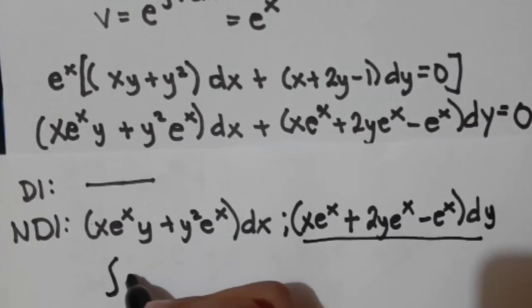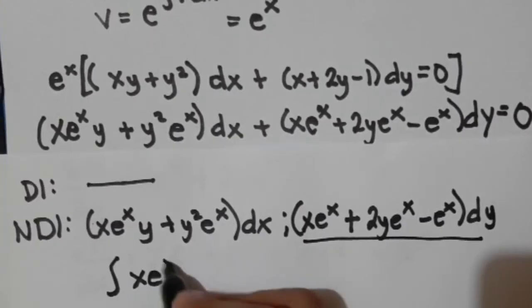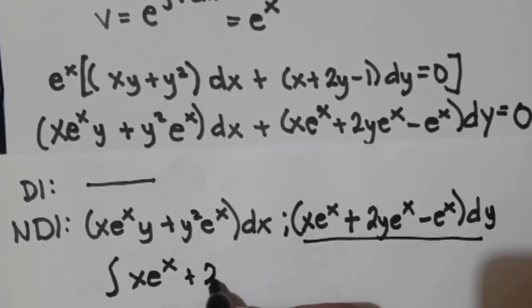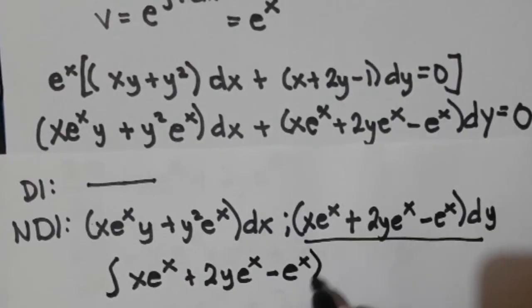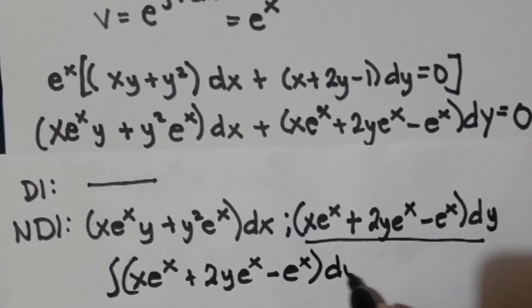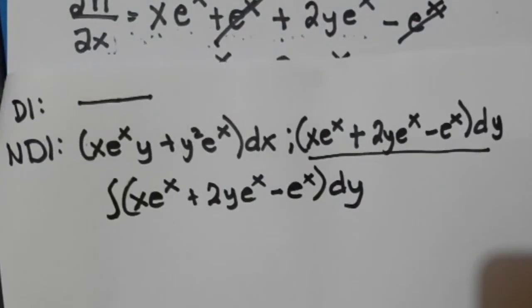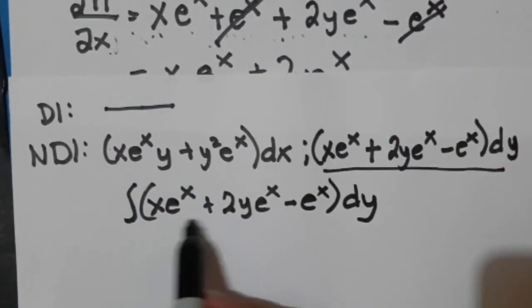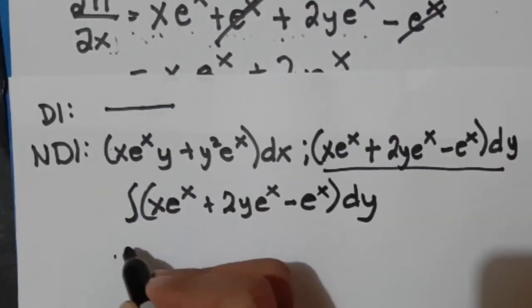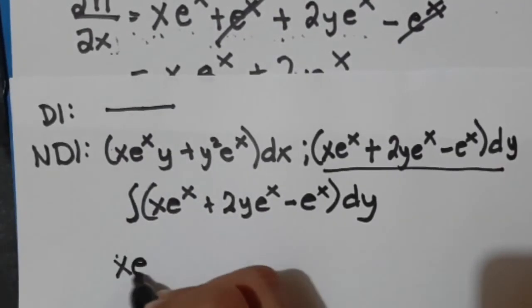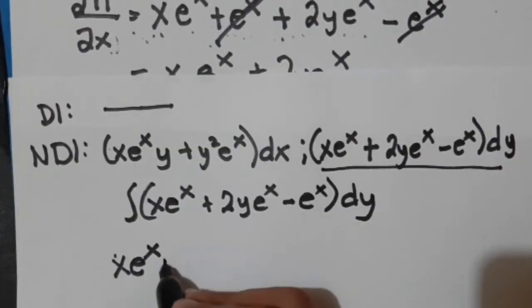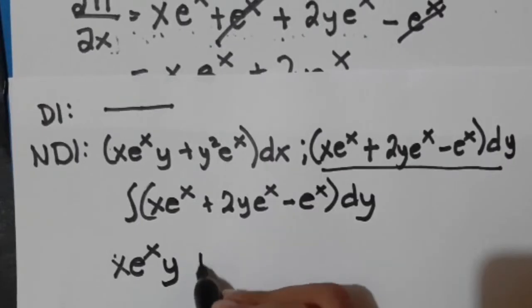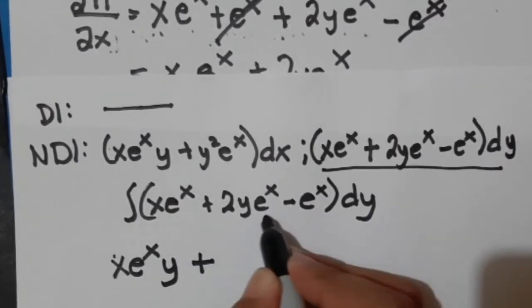Integral of x e^x plus 2y e^x minus e^x times dy. Let's simplify. So this is constant. We just copy the constant, x e^x, and the integral of dy is y, plus 2y dy.